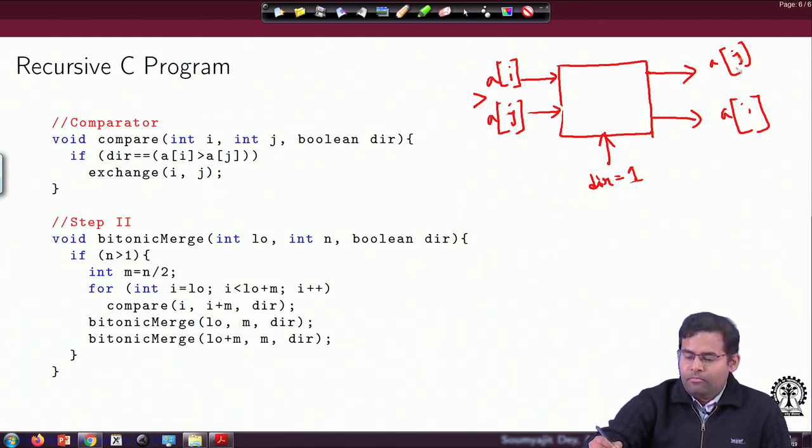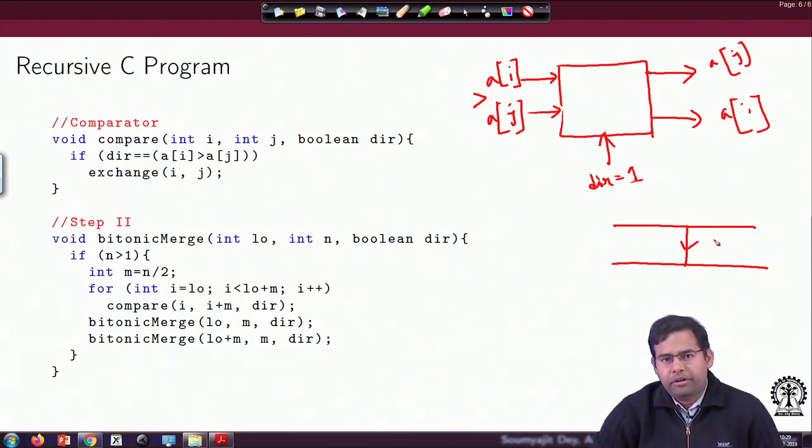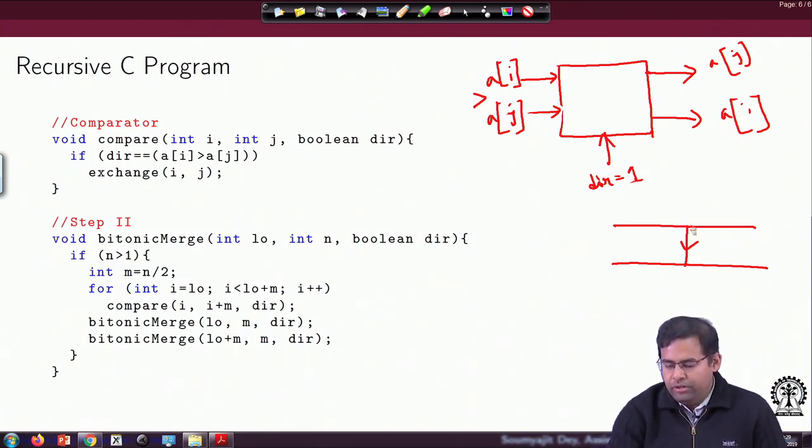So what we get here is the bigger value is flowing down. This is the equivalent sorting network representation, because since ai is greater, you are doing the exchange. The bigger value is flowing down and this is the network that you have. This way, this small comparator program represents this sorting network with a downward direction.